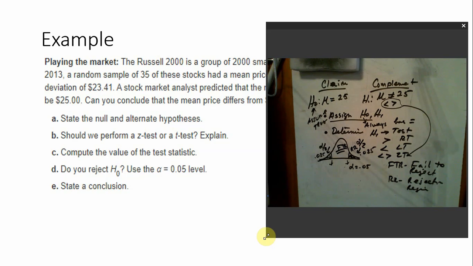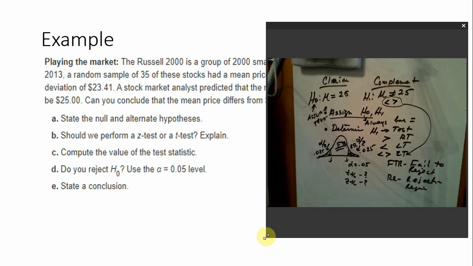I've got to actually look at the test statistic to see whether this is a T alpha over 2 or a Z alpha over 2. I don't know if I need that or that, and I need the test statistic formula, which is going to tell me. Okay, so what do we have based on all of this information?